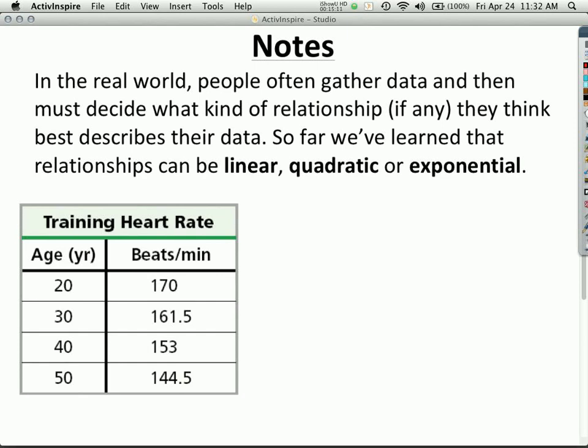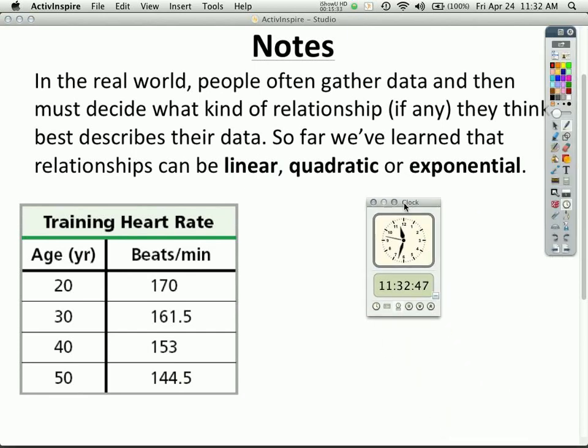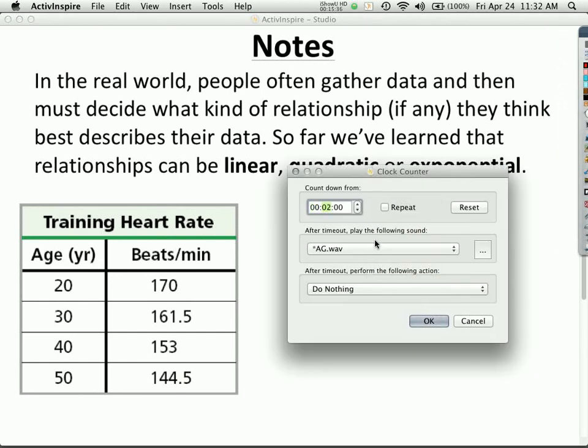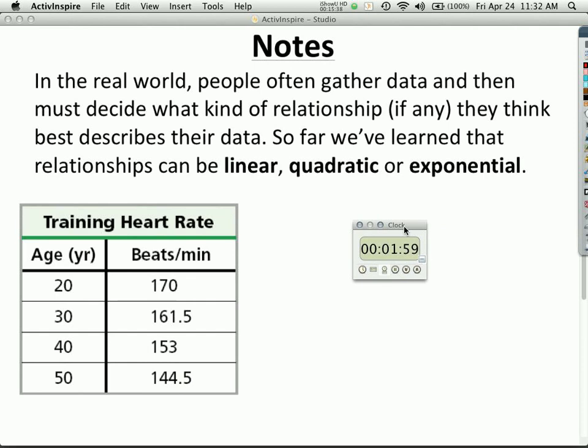So the question is, what is the relationship, if any? So what I would like you to do is take a moment, get the table down, and I would like you to try and figure out, does this data fit a linear model, a quadratic model, an exponential model, or none of them? So I'm going to give you 2 minutes to see what you can figure out from the table. No, I'd like to try individually first.